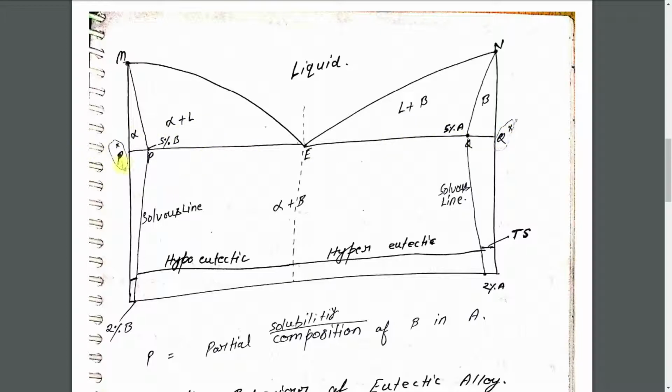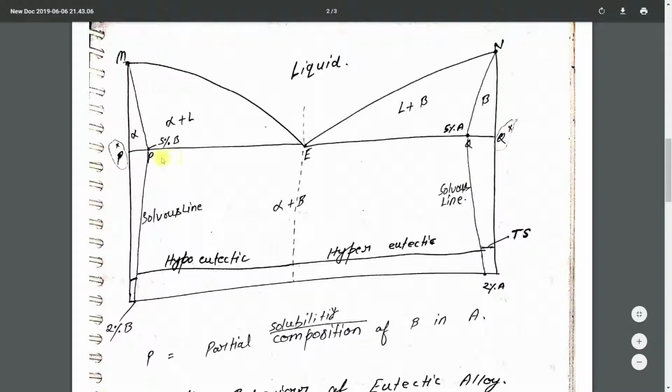I want to say only that the P and Q points have shifted from their initial positions. As we have already seen in the previous topic, this is the solvus line, and in this topic the solvus line is this and this, because the P and Q points have shifted.